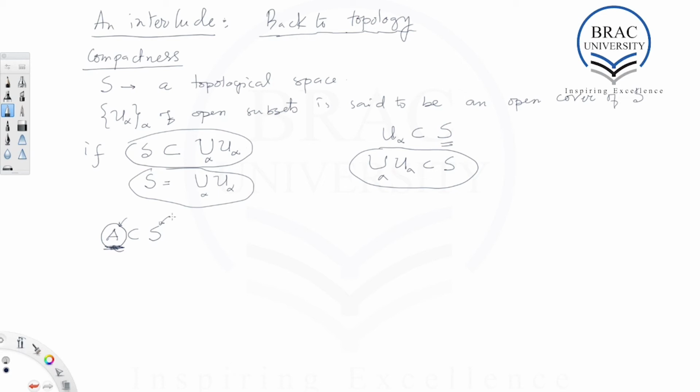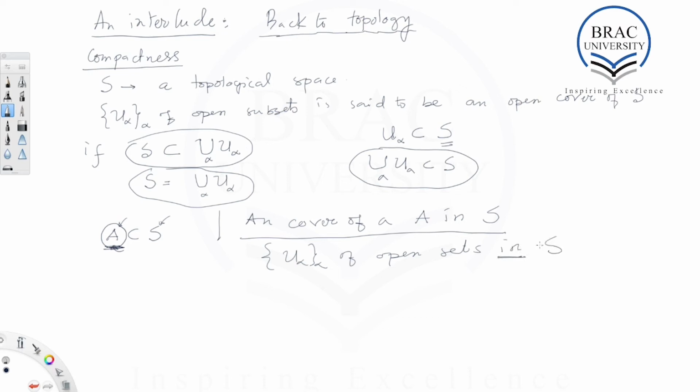So we'll have two possibilities: an open cover of A in S, which is a collection of open sets in S that covers A. That is, from the definition of covering, A is contained in the union of these open sets.